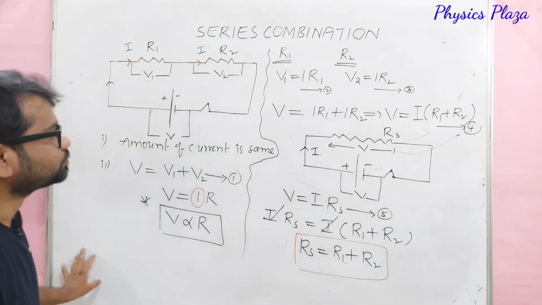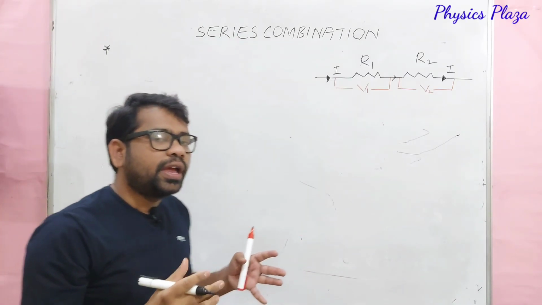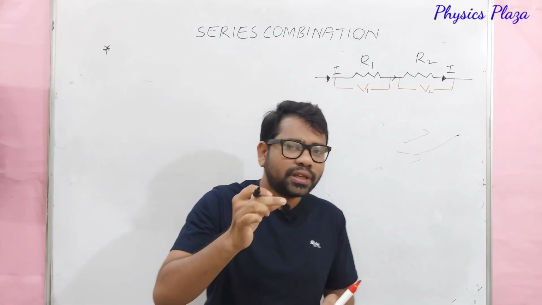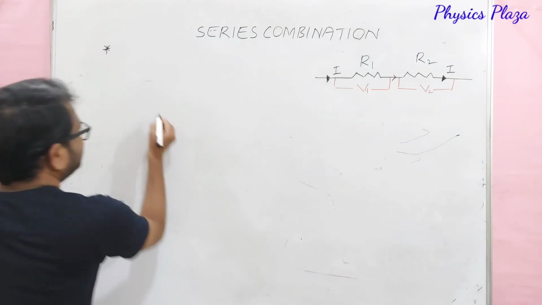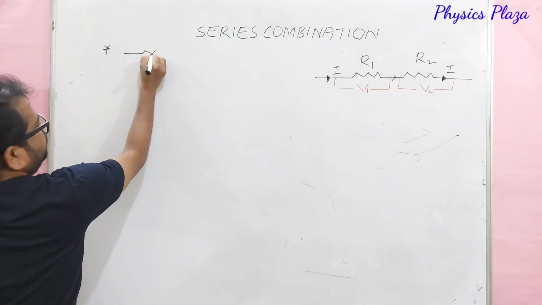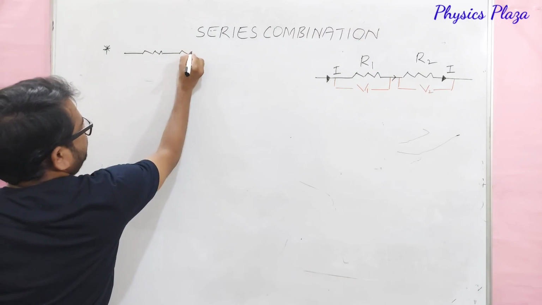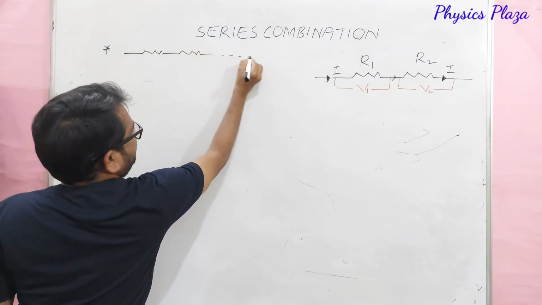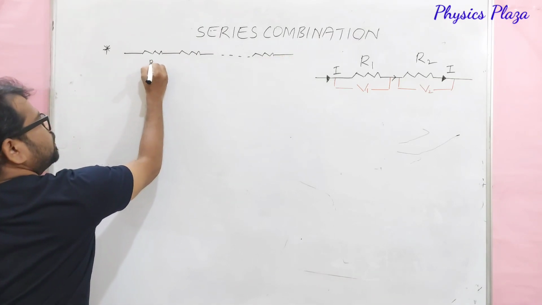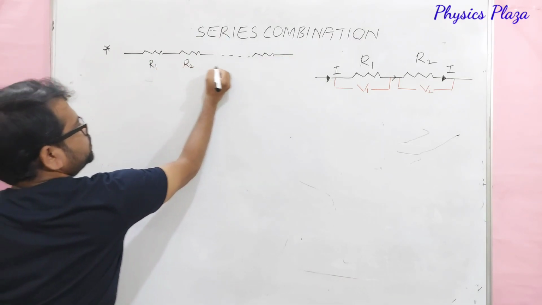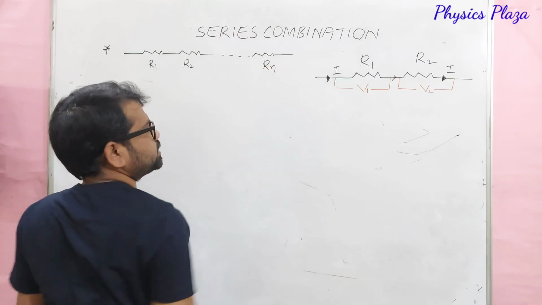Just copy it. Children, if n number of resistors with different resistances are connected in series, for suppose like this. Let us say here is one resistor, one more resistor. So like this up to n resistors are connected. Let us say it is R1, it is R2, so on it is Rn resistance.